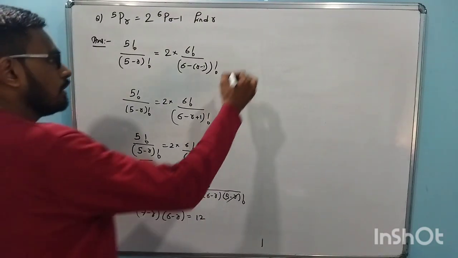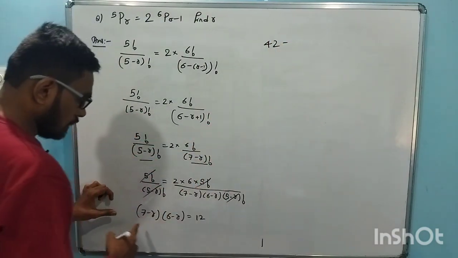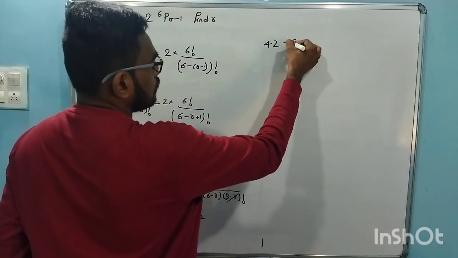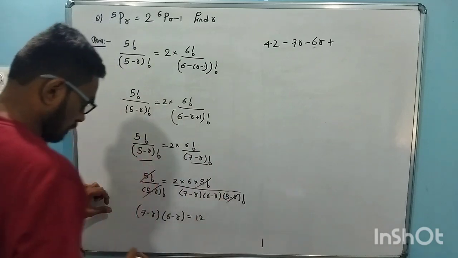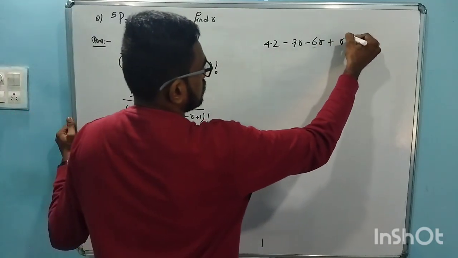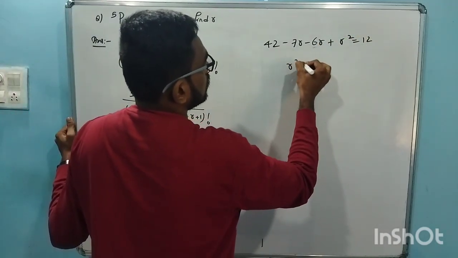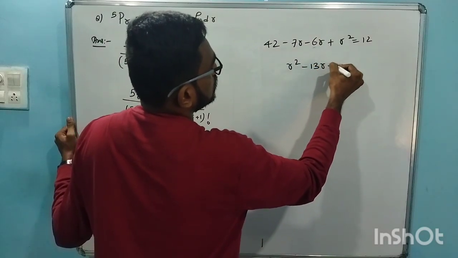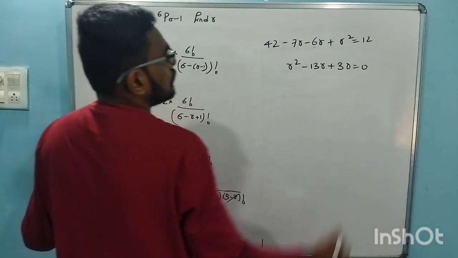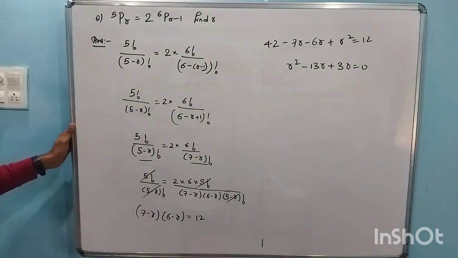So 42 minus 7r minus 6r plus r square is equal to 12. So r square minus 13r plus 30 is equal to 0. So again here same method.